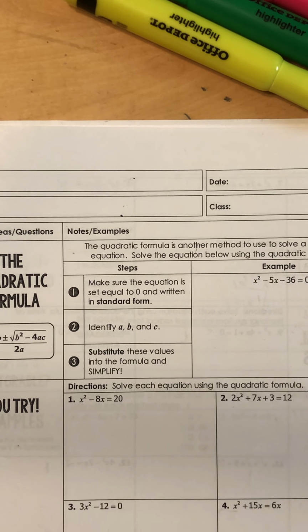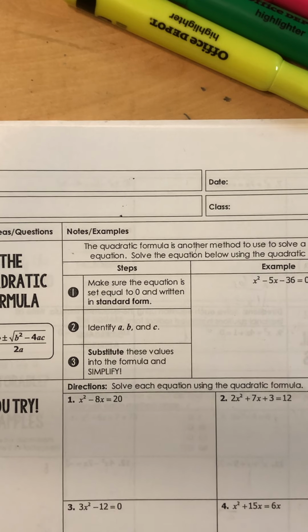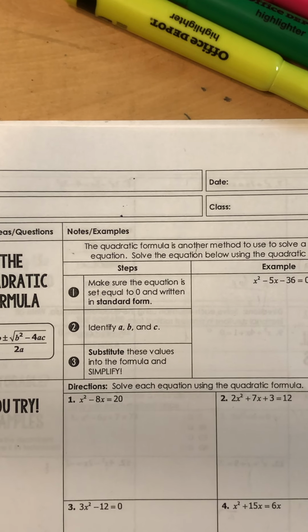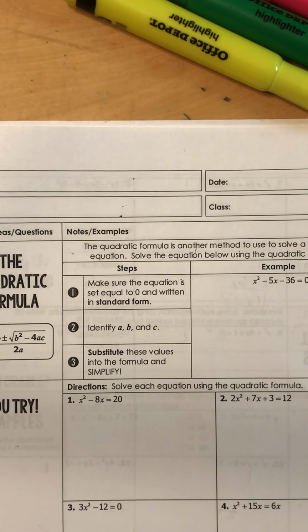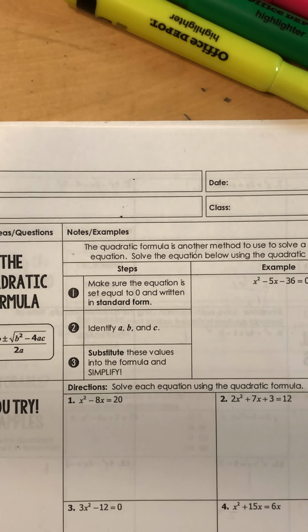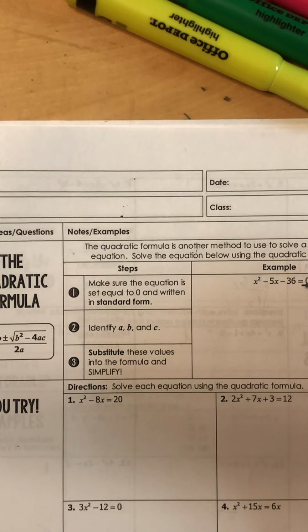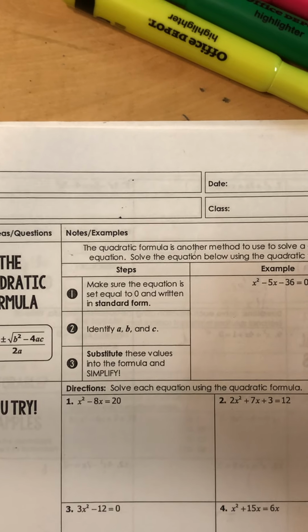Simplify is going to be the most important part of this, and so I want to make sure that we really make sure that we're simplifying correctly and not incorrectly, obviously, because this is going to mess up your entire problem. So in our example, it's already set equal to 0, so that's fine there.